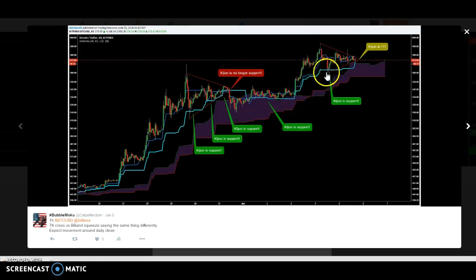We follow this trend up. Depending on how you play your stops, if you recognize this candle as a shooting star, you'd probably close. The fractals that I showed you in another video, you'd close, etc. Again, your bids are at the Kijun. We get a bounce. And again, you get another triangle formation.